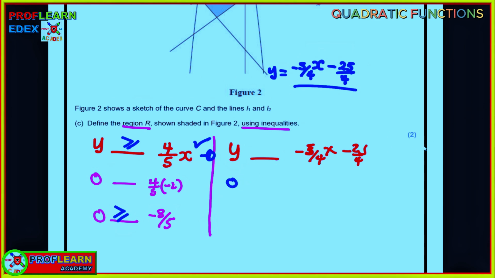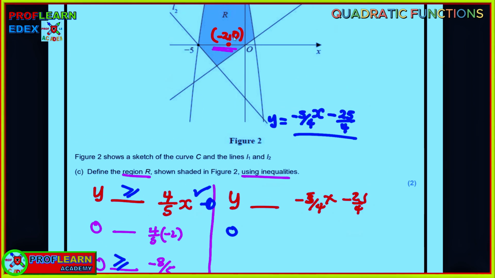Similarly, y is 0 in this case because we are using the same point. I want to work out what is -5 over 4 into -2 minus 25 over 4. I can put that in the calculator.